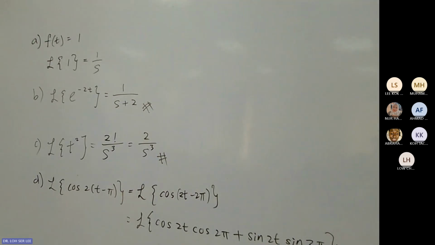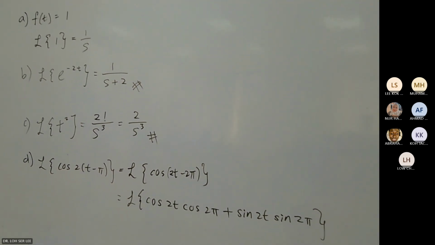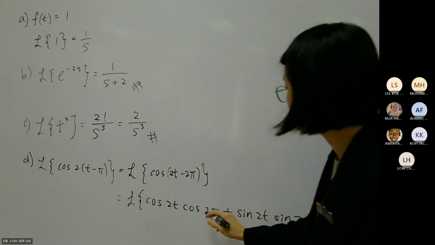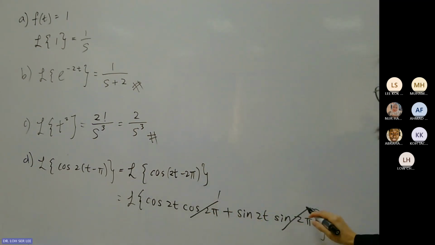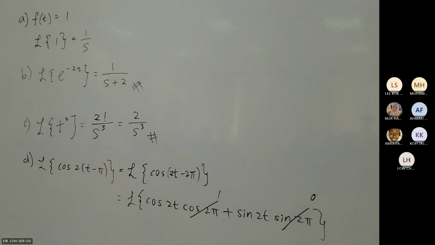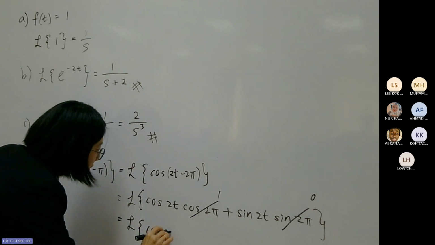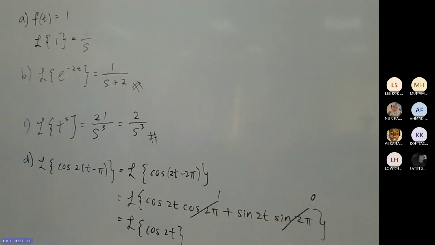What is cos 2 pi? Cos 2 pi is 1, and sin 2 pi is 0. So this equals cos 2t.